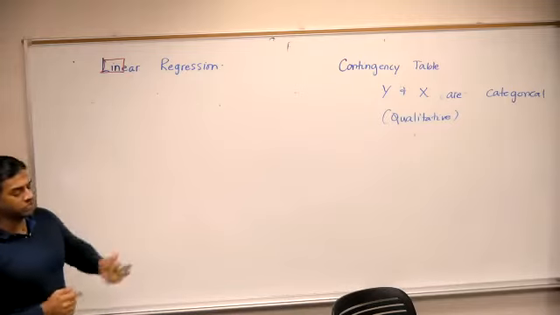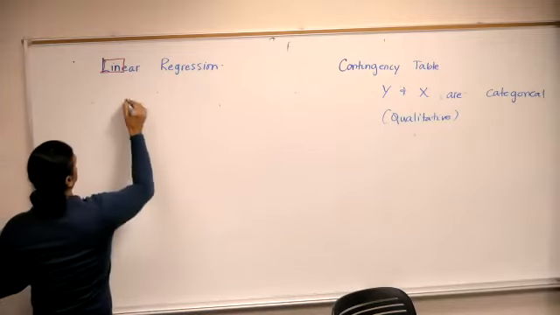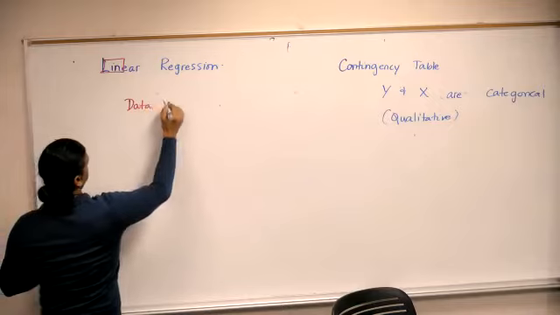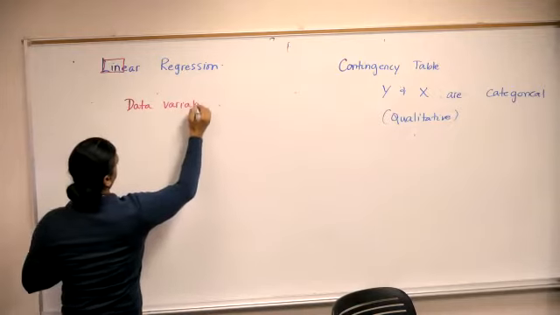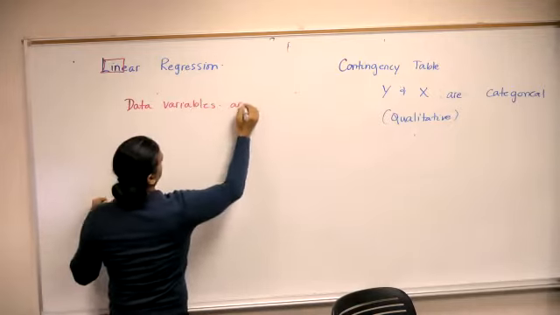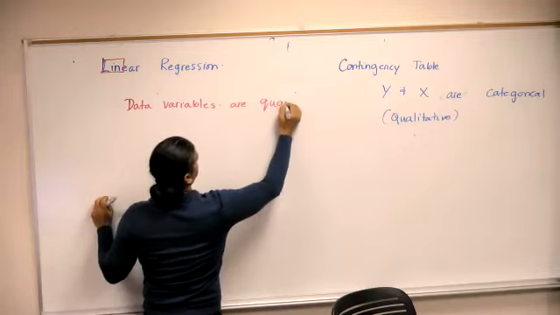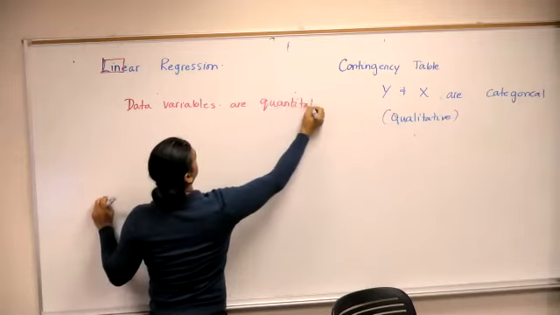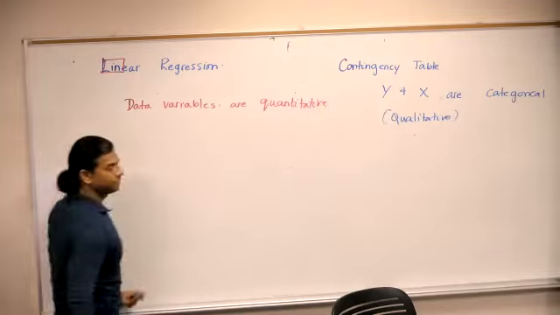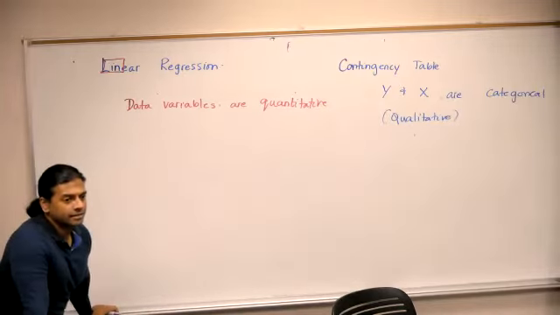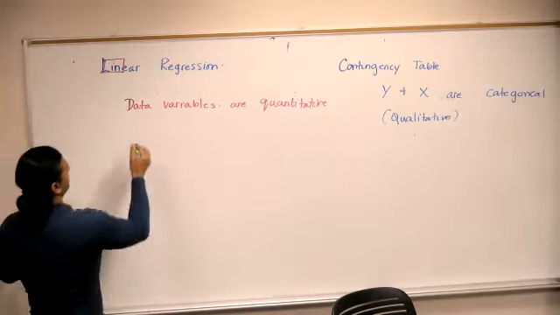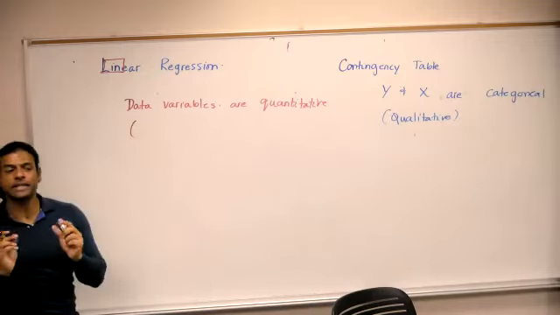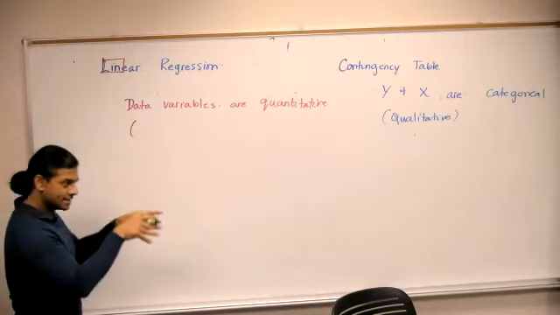When it comes to regression, the data variables are quantitative. What is the key word there? Quantity. So in other words, we can measure them as a number.